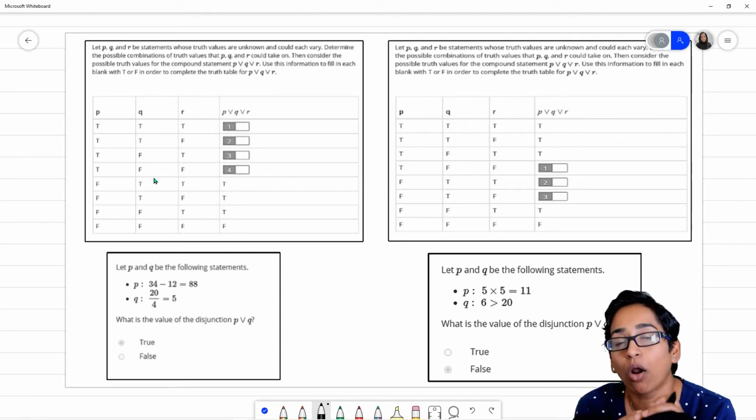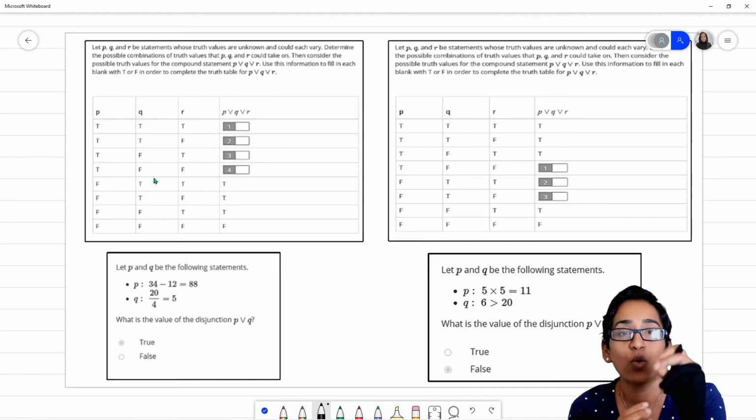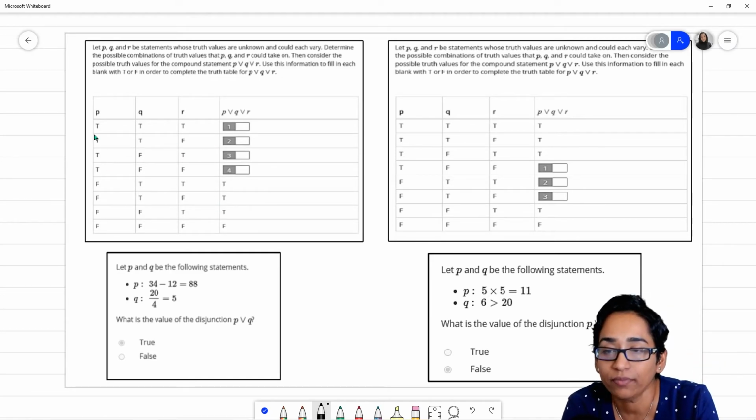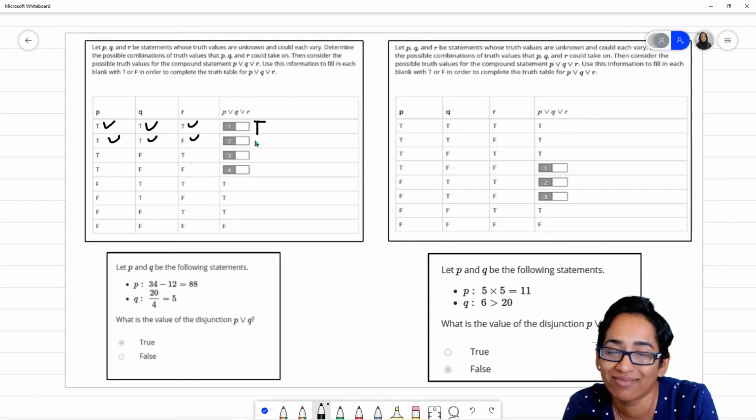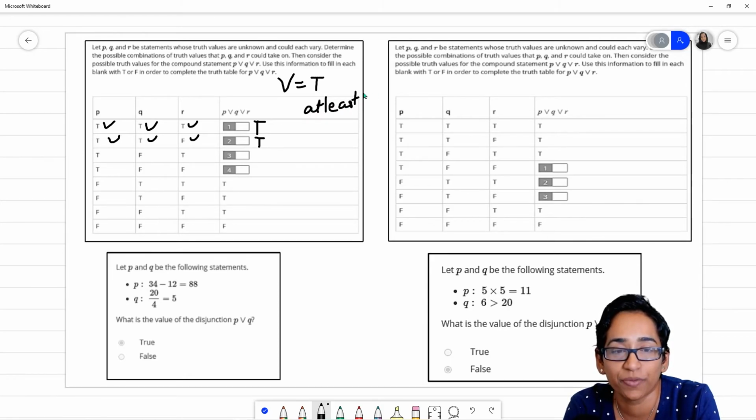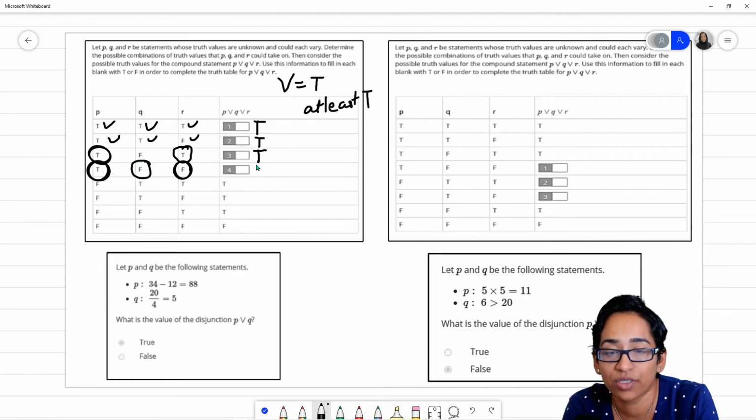Remember, when it's an or, it can be true if either one of them is true. So true, true, true. That means this is true. True, true, false. It's true. Remember, or is true if at least one of them is true, right? Blindly, this has to be true because it's an or. False, false. But hey, wait a minute. I have a true. So this is a true value. That's how or works.